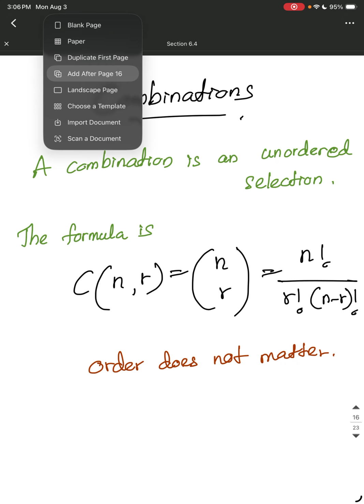How many ways can 3 students be selected from a group of 5 without regard to order?